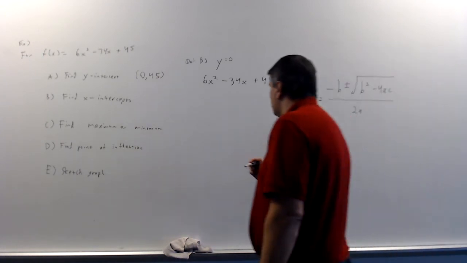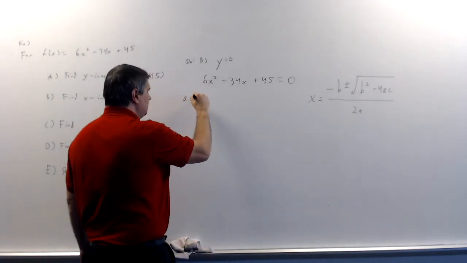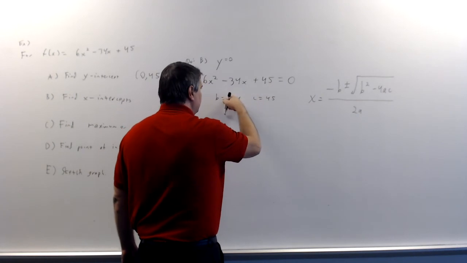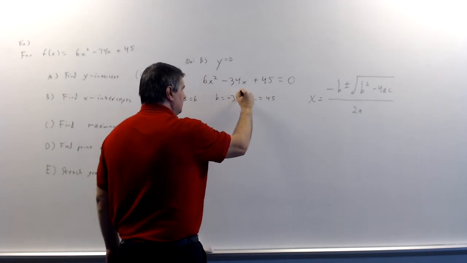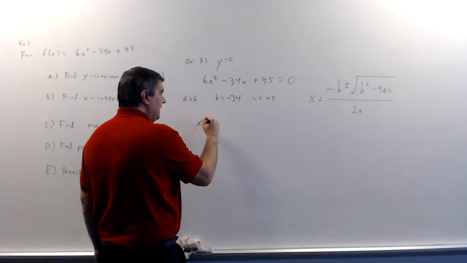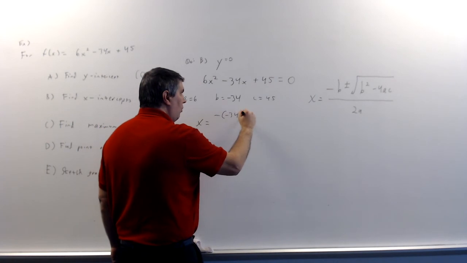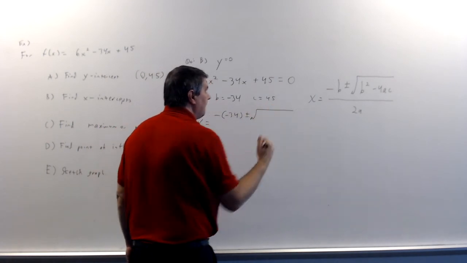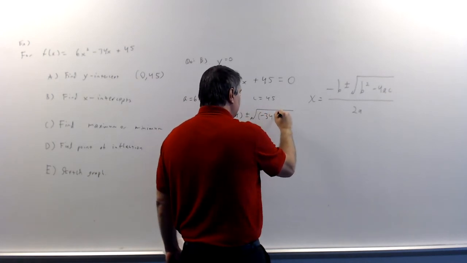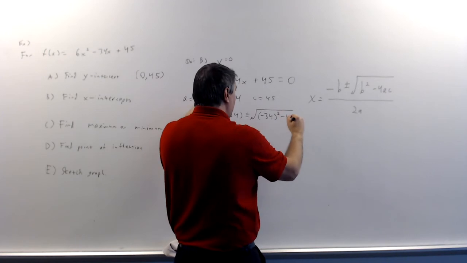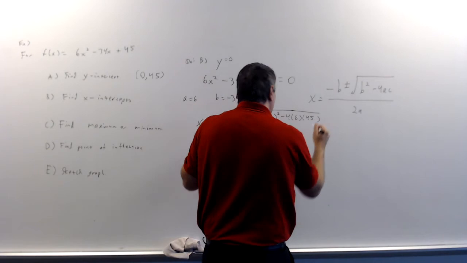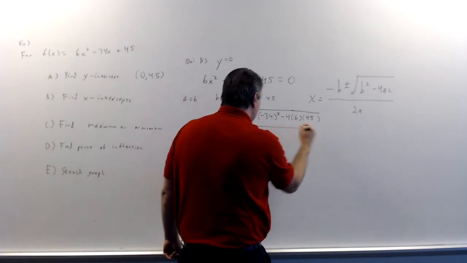A equals 6, B is negative 34, and C is 45. So, x equals negative 34 plus or minus the square root of negative 34 squared minus 4 times 6 times 45, all over 2 times 6.